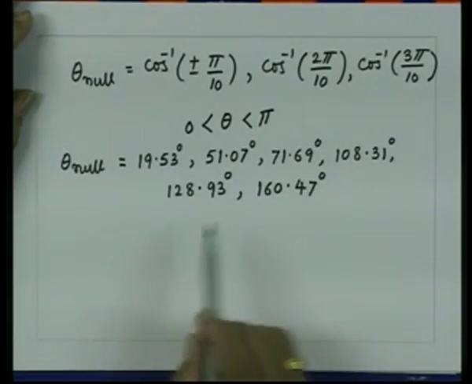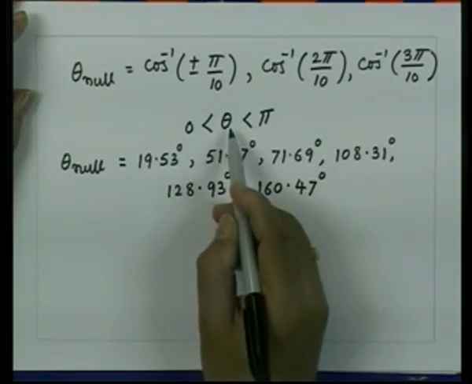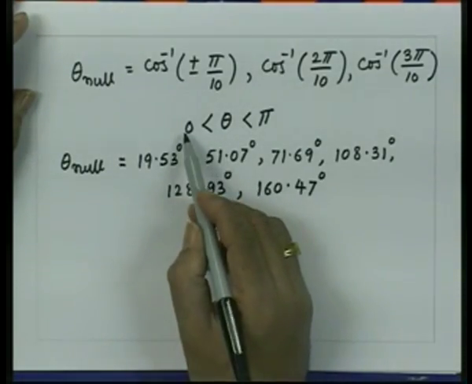So, the radiation pattern has 6 nulls in the range theta equal to 0 to pi.